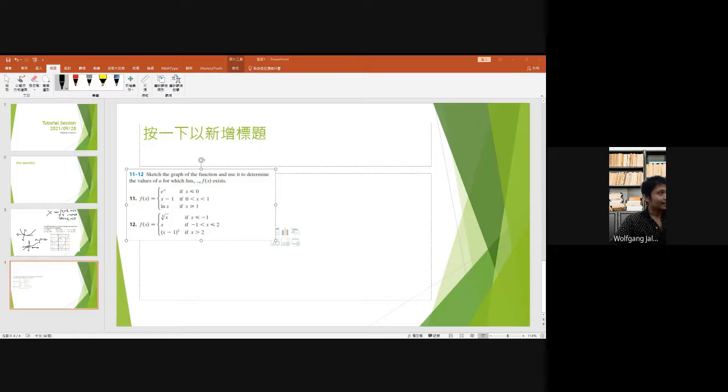Okay, let's say some points. This is -1. This is 2, because -1 and 2 are the two boundaries here.